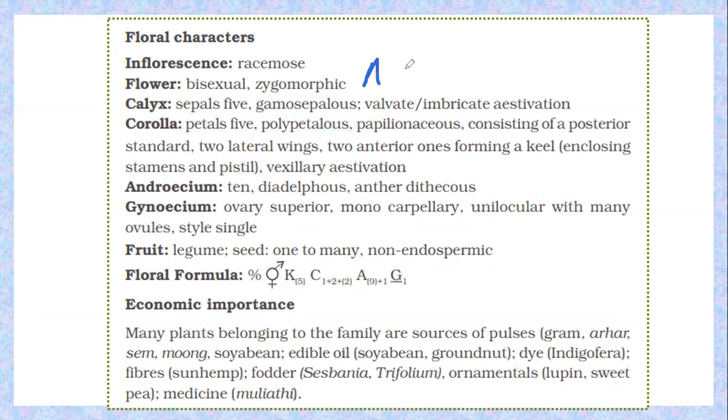Gamosepalous means they are fused. Then the calyx has 5, and the corolla is polypetalous. They are arranged as posterior standard, lateral wings, and the last 2 fused keel petals. That is C1 plus 2 plus 2, and the last 2 are fused. You have to indicate it like this.